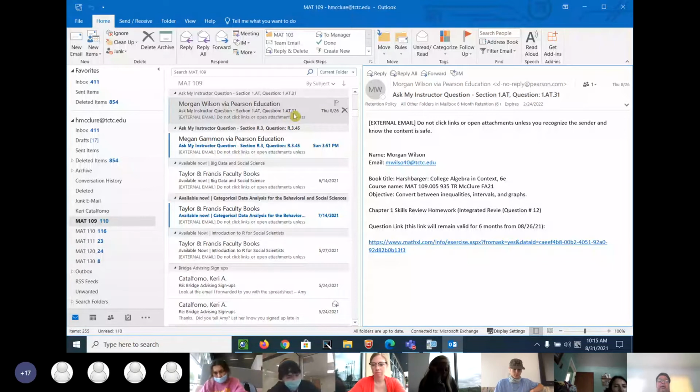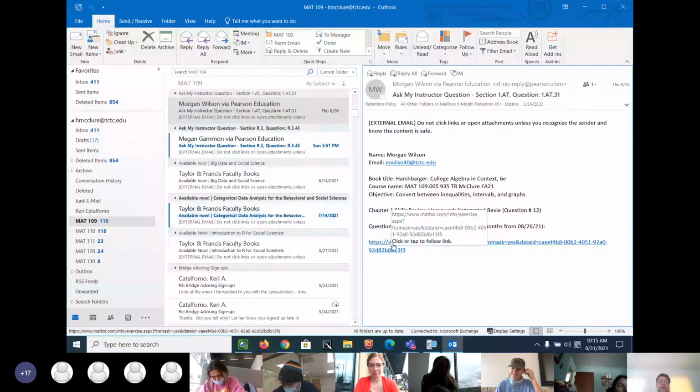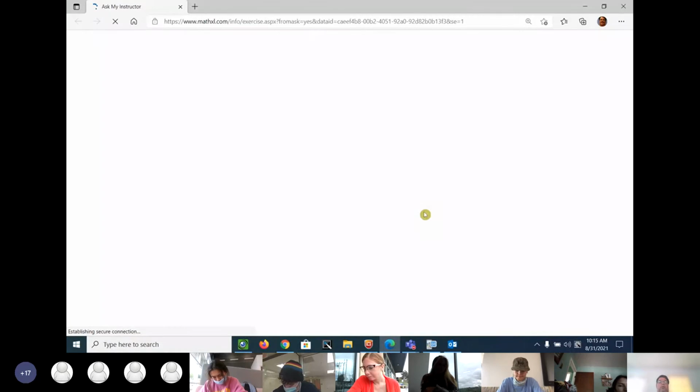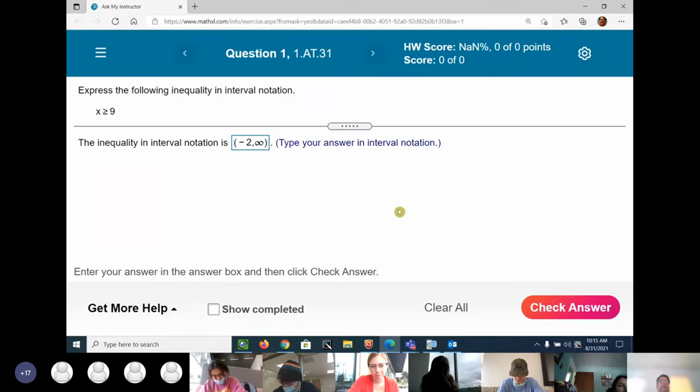I don't know what that means. 1AT, folks, I don't know what AT stands for. 1.AT.31/12. Oh God, this is probably going to ask for how many people attended Wimbledon and what were their addresses. I don't even know what AT stands for. Automatic transmission.